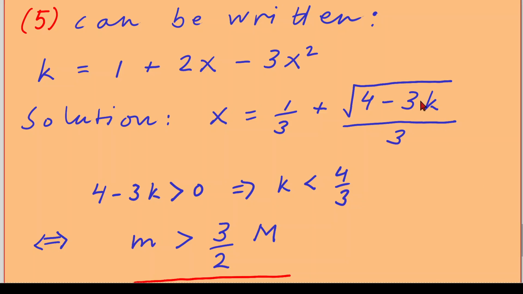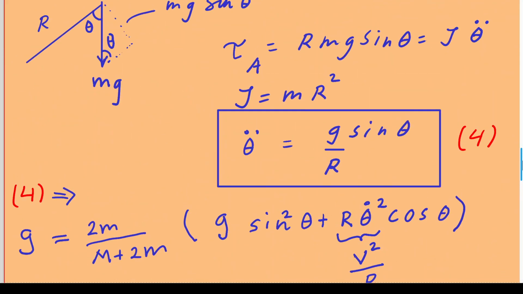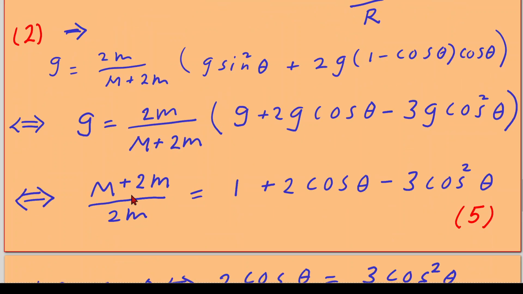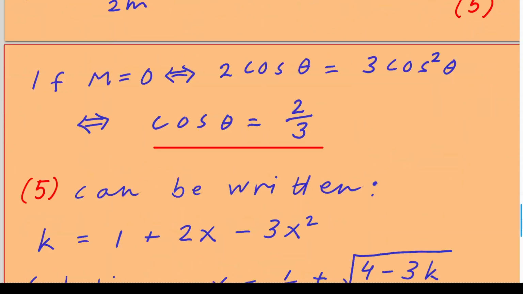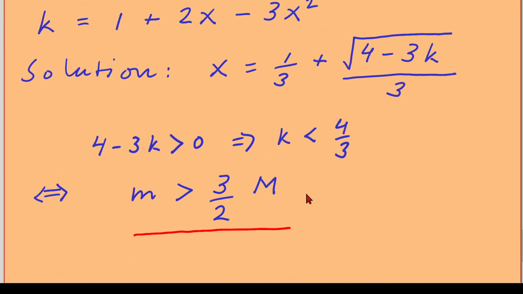So it only makes sense if 4 minus 3k is greater than 0, and then k must be less than this. And since k was equal to this guy here, you will now find the condition for this to be meaningful: the bead mass must be greater than 3/2 times capital M, the ring mass.